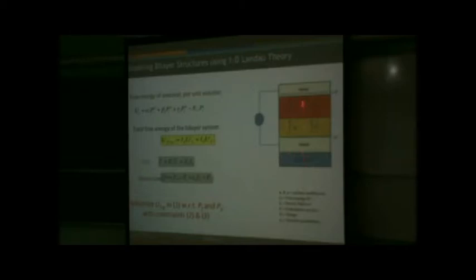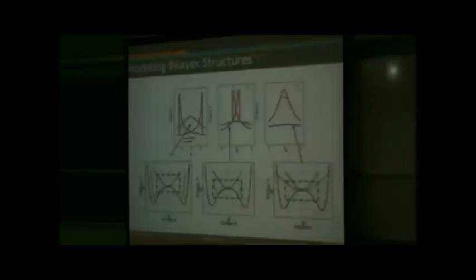You basically solve Poisson's equation in this system. The voltages have to add up: this part plus this part should give the total voltage, and the charge will have to be the same in both materials. You use those two boundary conditions, and you can find curves like this.